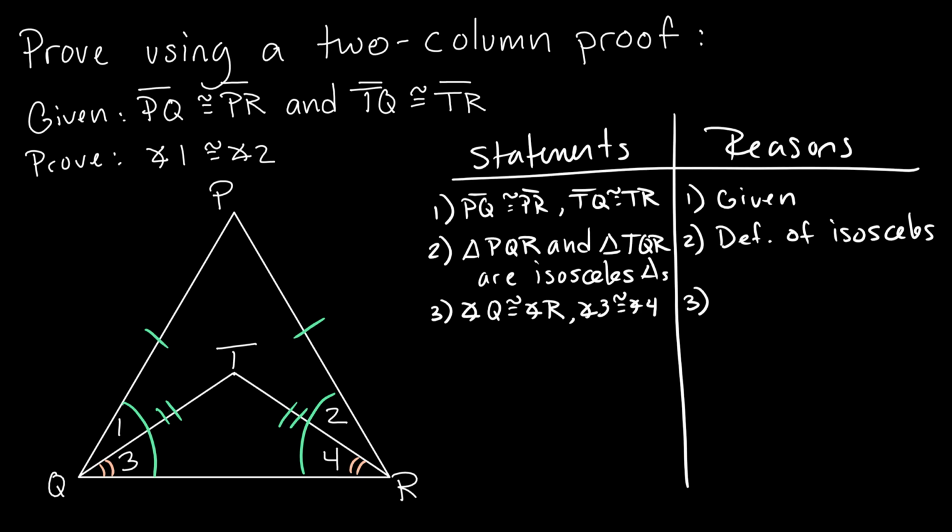You already said that. And what reasoning do you think justifies that these are congruent? Isosceles triangle theorem. Good. The definition of isosceles only deals with the side measures, okay? The isosceles triangle theorem deals with the angle measures.